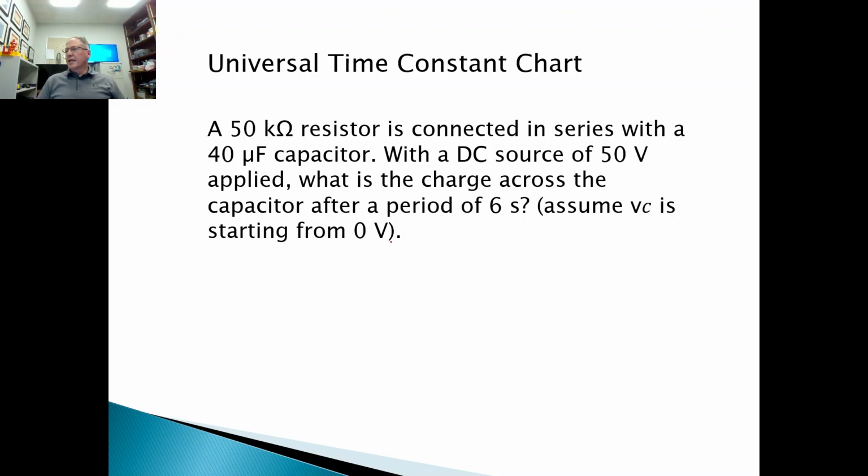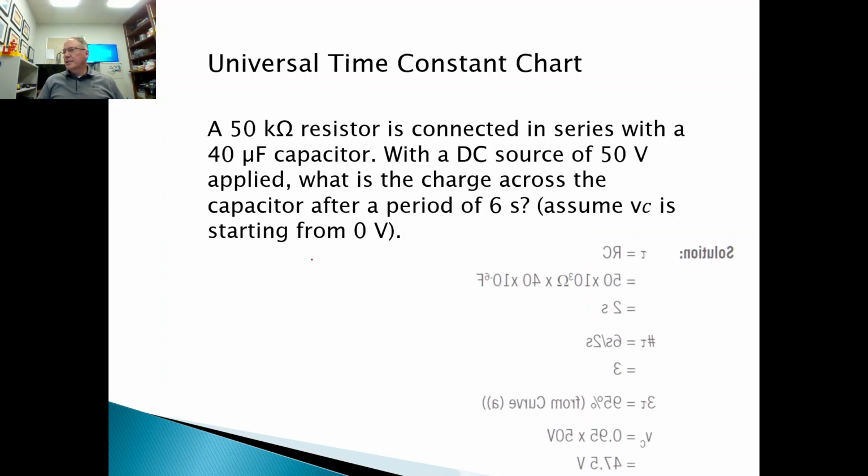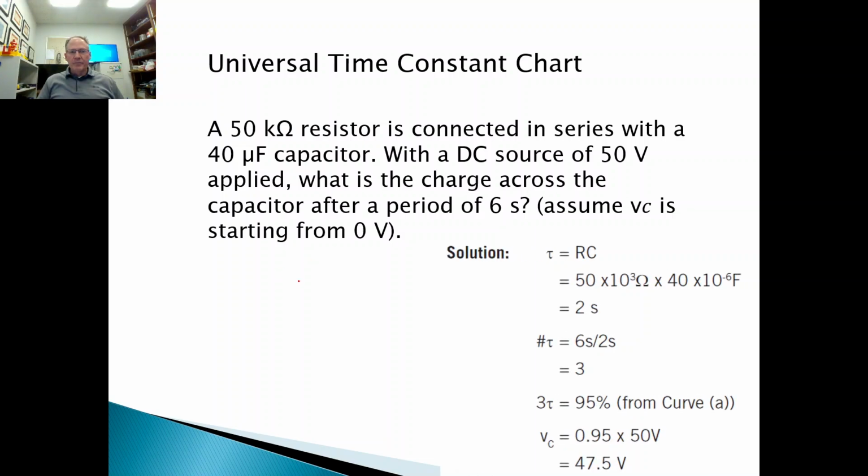So let's look at this. If you have a 50 kilohm resistor connected in series with a 40 microfarad capacitor with a DC source of 50 volts, what is the charge across the capacitor after a period of 6 seconds? Assume that VC starts at 0. So if you look at the values here, you just multiply this and you get 2 seconds, and 6 seconds is going to be 3 taus.